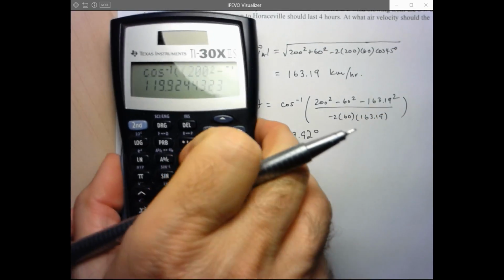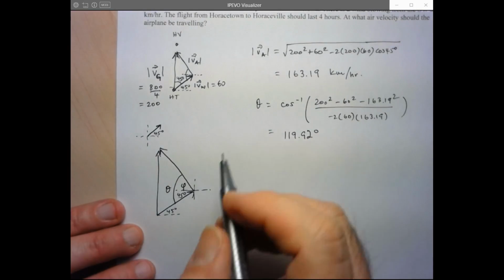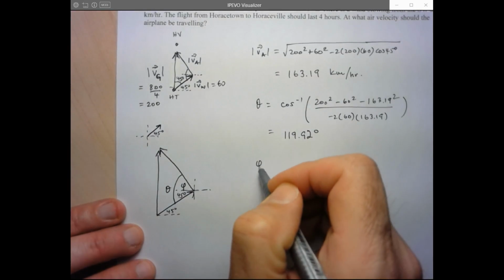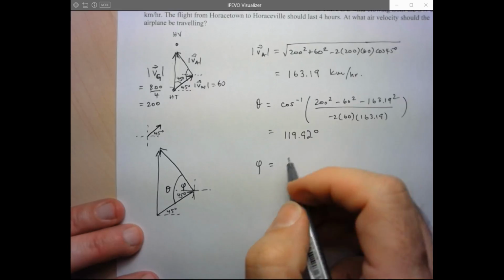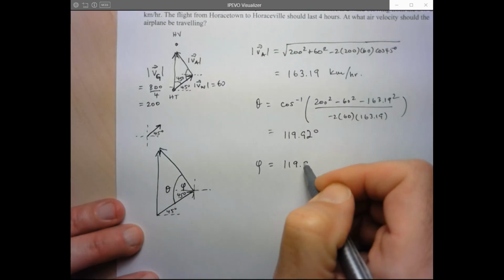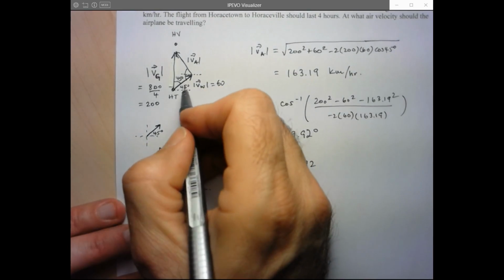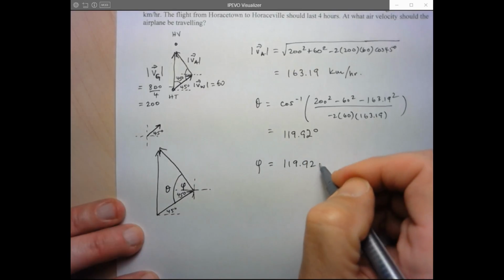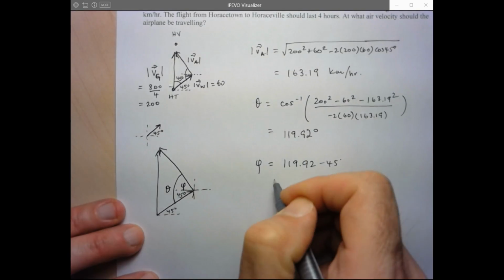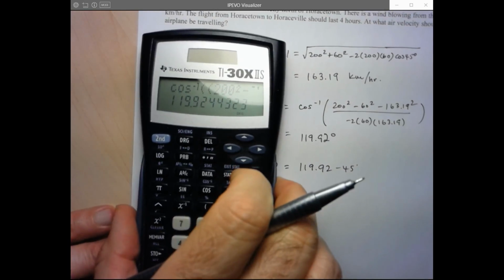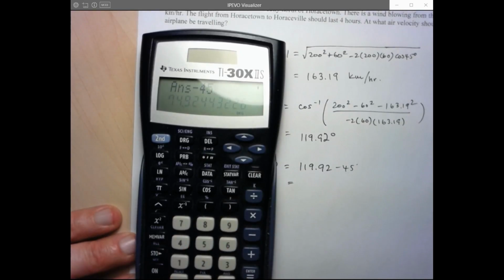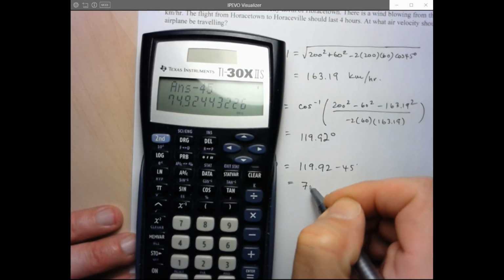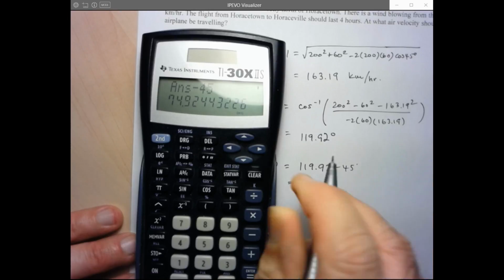But of course that's not the angle we're looking for. We're looking for phi here, which is just 119.92 minus this angle of 45. So what does that give us? Minus 45 gives us 74.92 degrees.